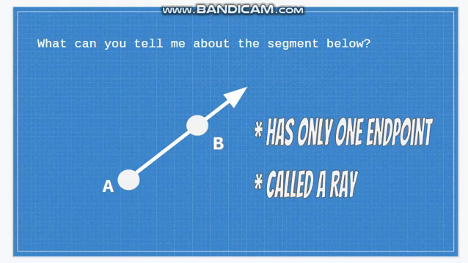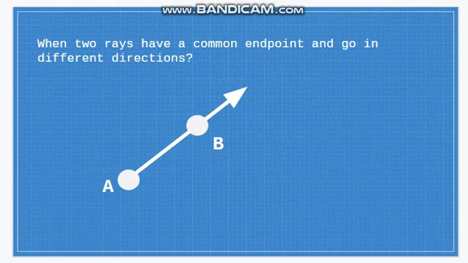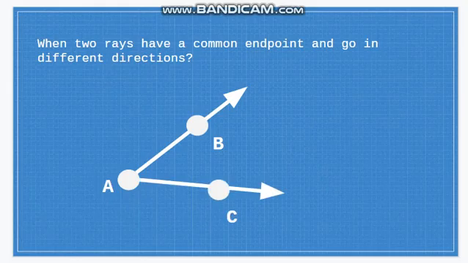So when two rays have a common endpoint and go in different directions, that looks something like this. So we've got ray AB now, and AC, and it says to use R, X, and Y in your notes, but I went ahead and used A, B, and C, so we could use that same ray.